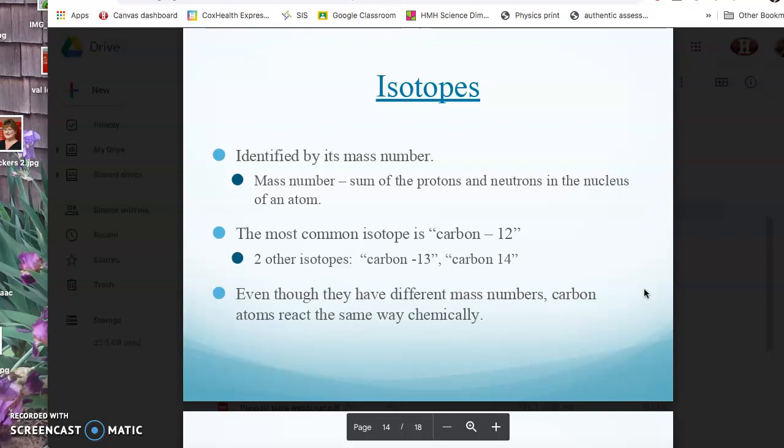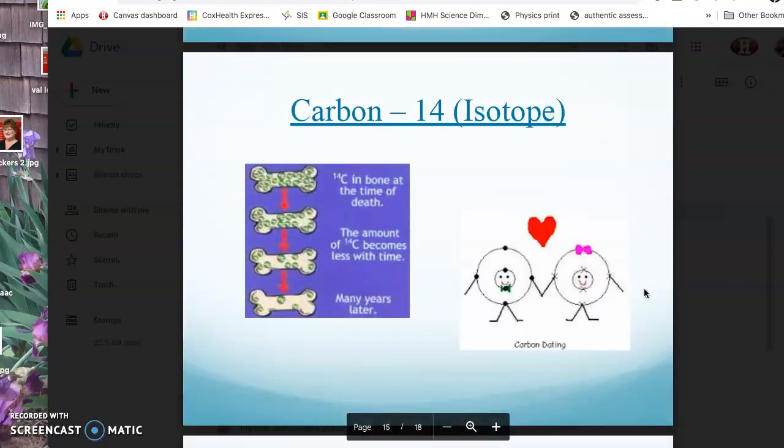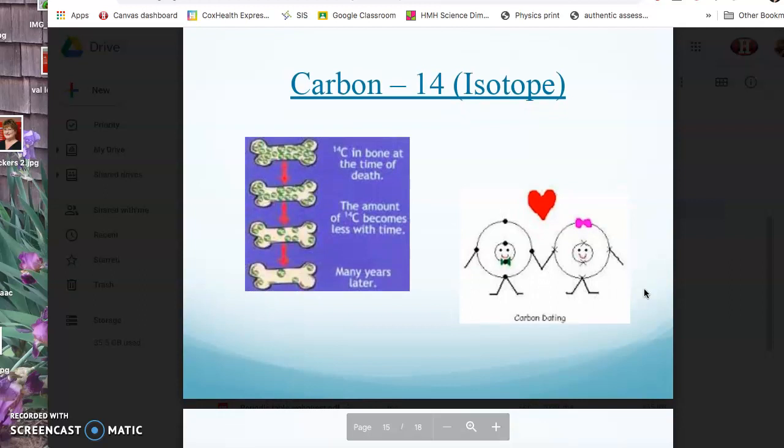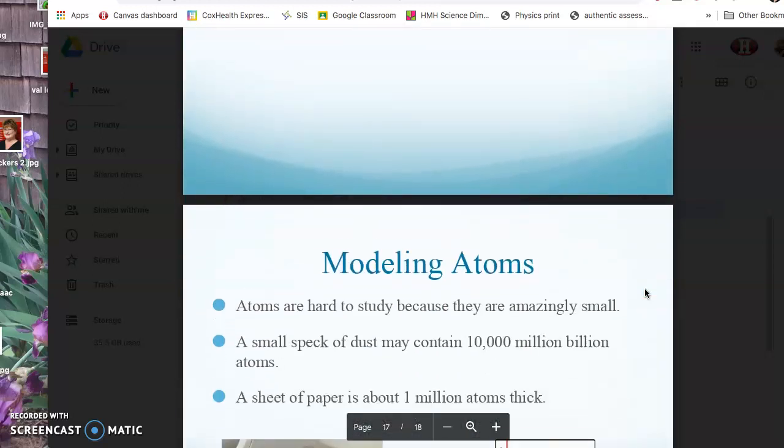So it still acts like carbon, it's either a little heavier or a little lighter. In this case, they're all heavier. So the carbon 14 isotope is used for dating fossils and stuff, and it's got an important use in archaeology and stuff.